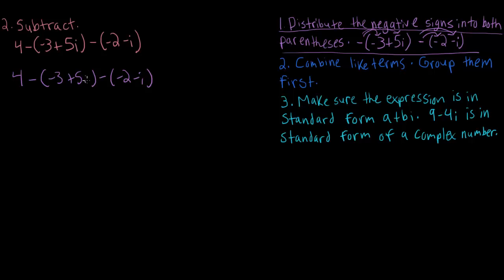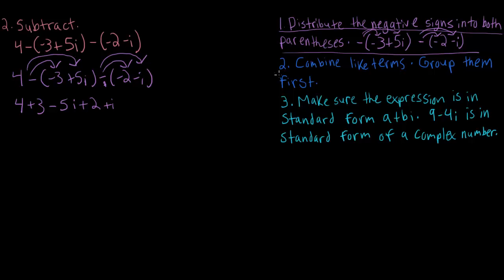We need to distribute this negative into the first parentheses, and then this negative right here into the second parentheses, into both terms. So you end up with 4, negative times negative 3 is positive 3, negative times 5i is negative 5i, and then negative times a negative 2 is positive 2, negative times a negative i is positive i.